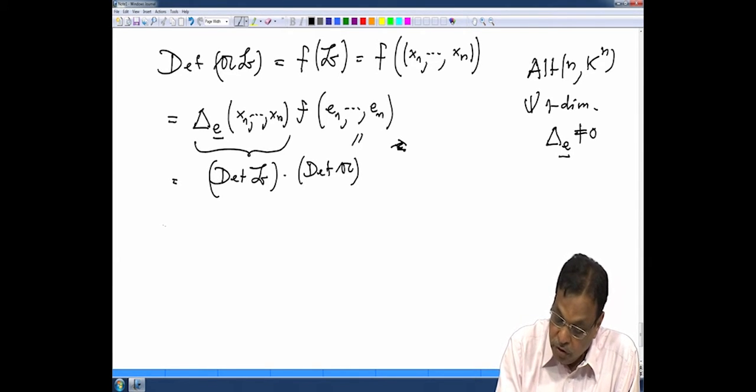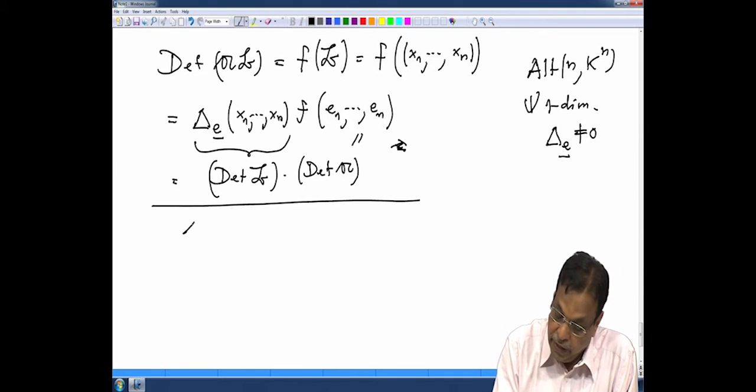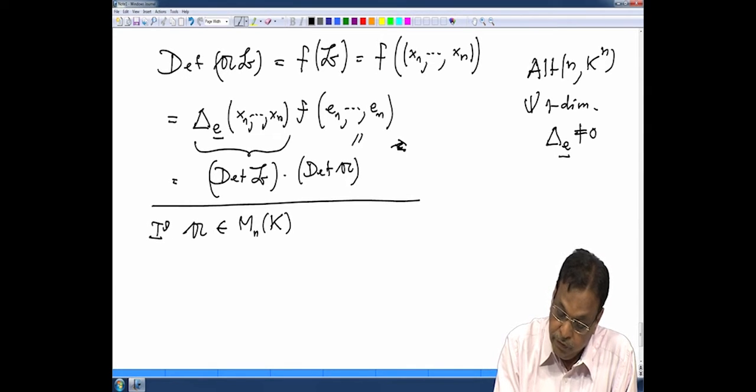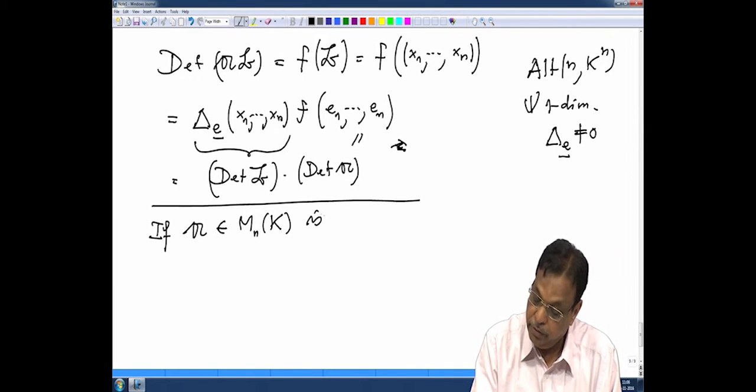Now, suppose the square matrix A is invertible.